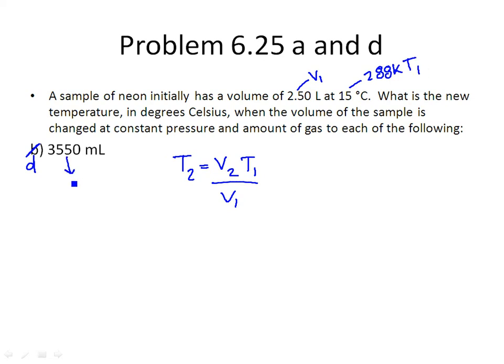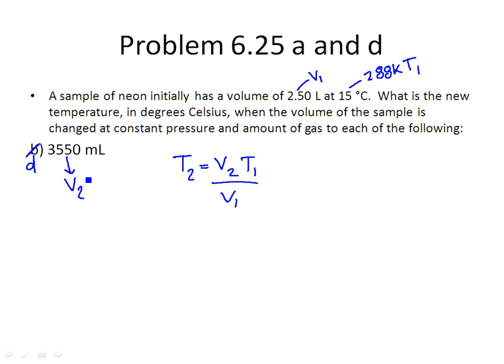And 3,550 milliliters is our V2. However, we have to have our units of volume the same. In this formula, it doesn't matter if it's milliliters or liters, but it's probably good to go ahead and use liters, since in other gas laws you have to convert to liters.